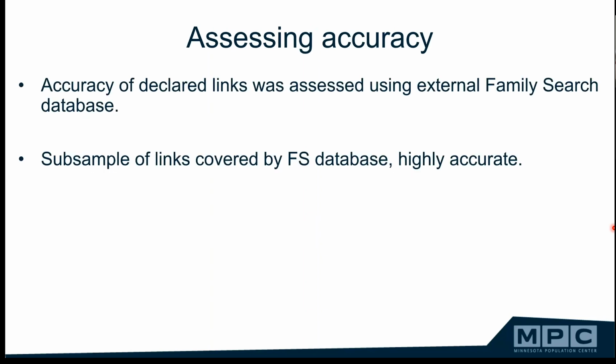Again, assessing accuracy. This is again done using this external FamilySearch database. So what we're doing here is that we're checking the links that are obtained by these three different methods against the links that are in the FamilySearch database. So we're checking to what extent they are identical, or they are true or correct according to the FamilySearch database.